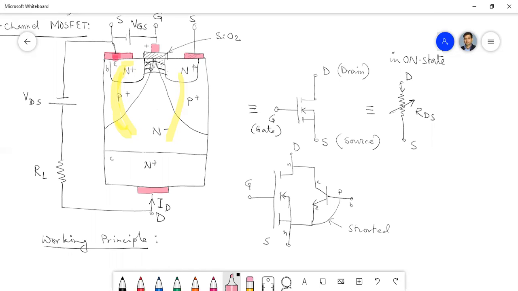So we can write it equivalent to a diode. Which way should I show the diode?